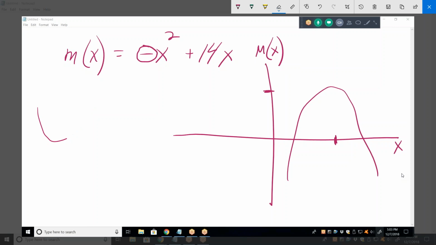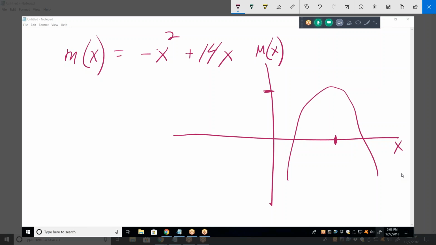Okay. How do we do that? We have a quadratic. All quadratics are parabolas that all have a vertex. I don't think I know how to get to the vertex.